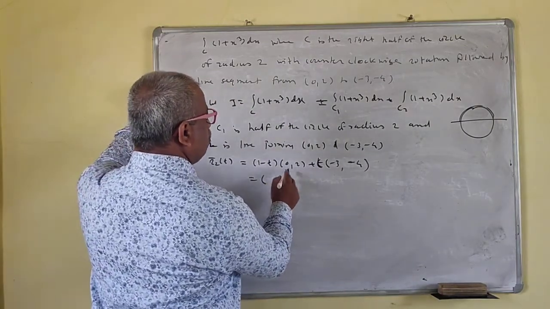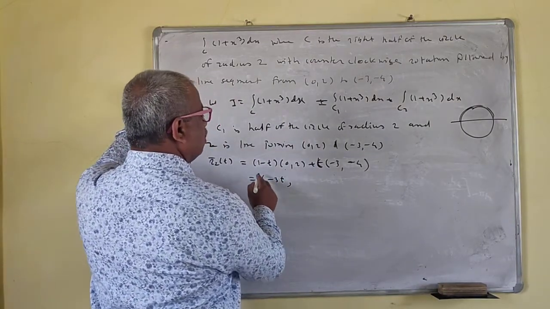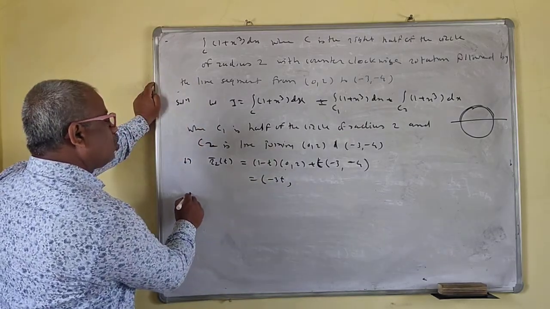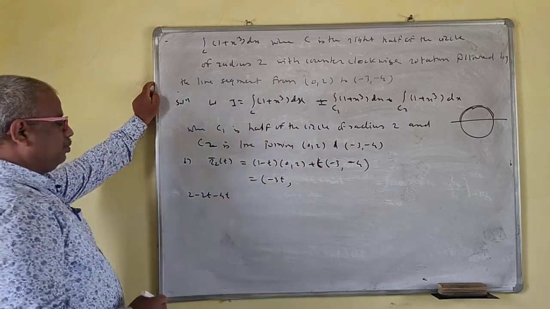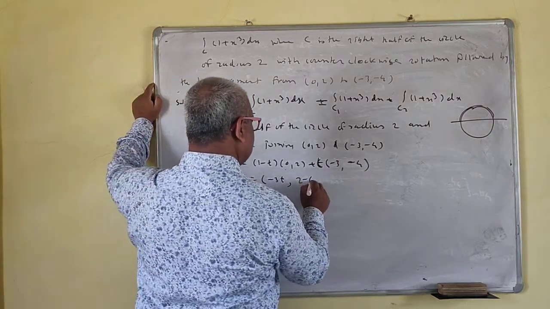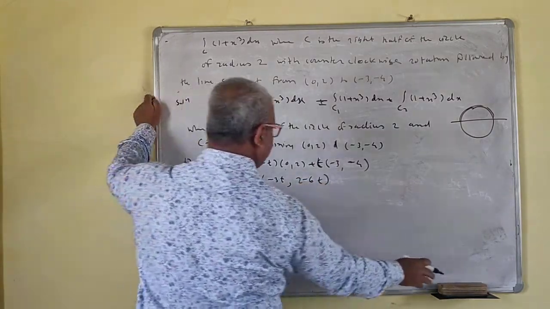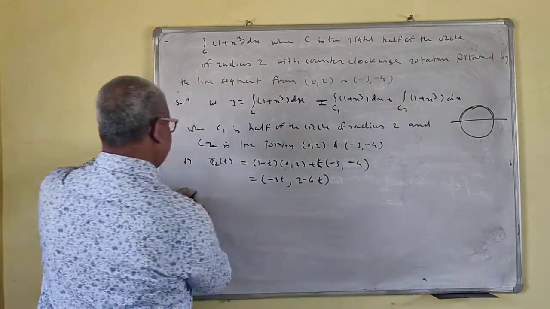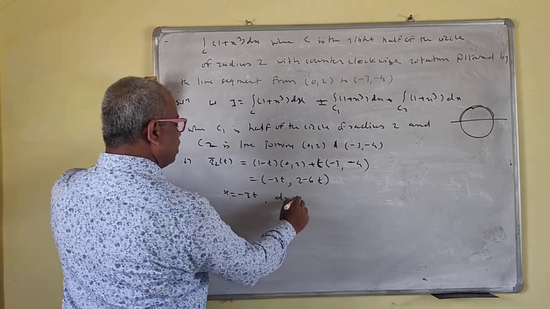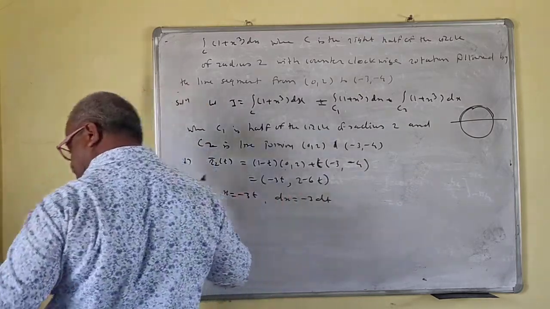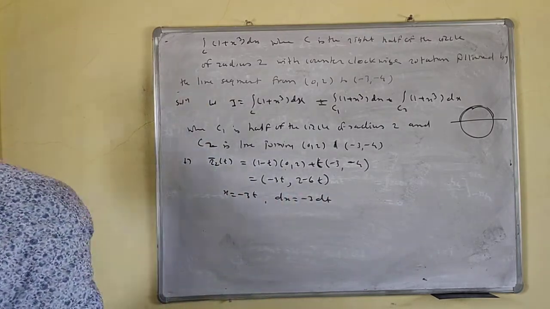This is 0, so x is equal to minus 3t, y is 2 minus 2t minus 4t, which is 2 minus 16. Okay, so x is equal to minus 3t, so dx is equal to minus 3 dt.